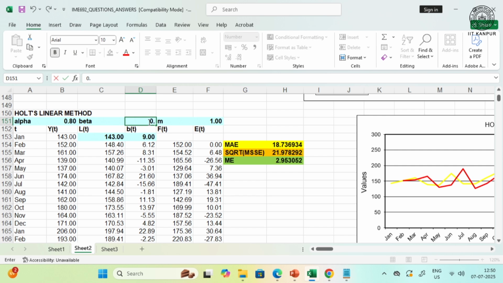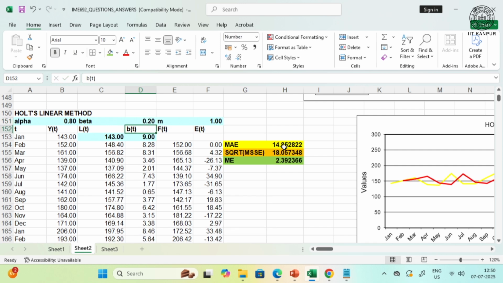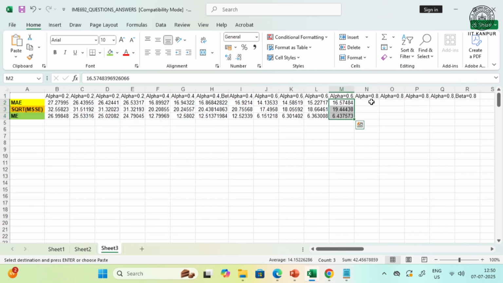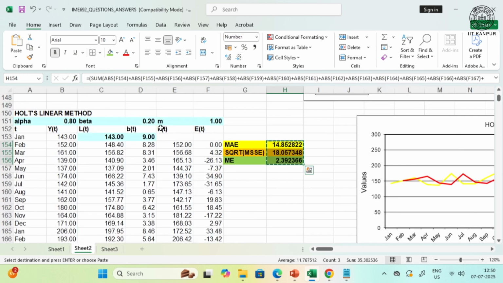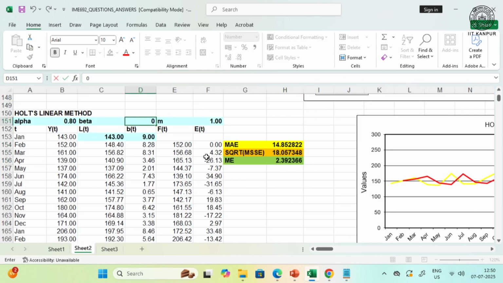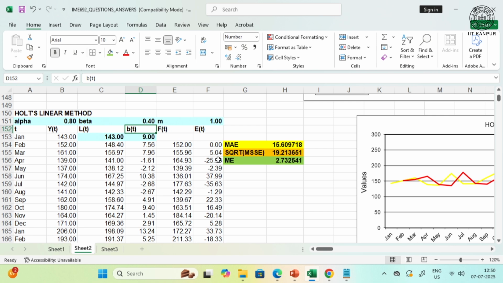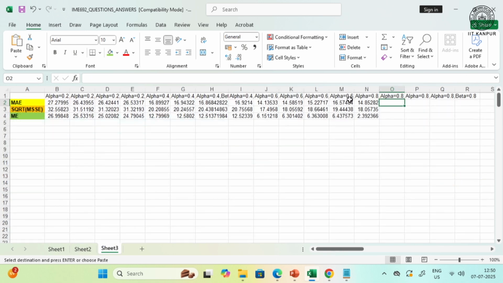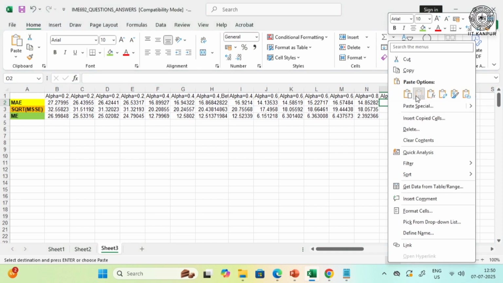Beta again 0.2, values copied, pasted. Then I do it for beta 0.4, alpha is 0.8, remember, copied, pasted.